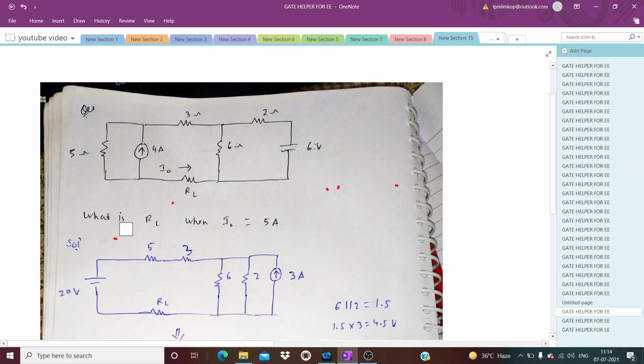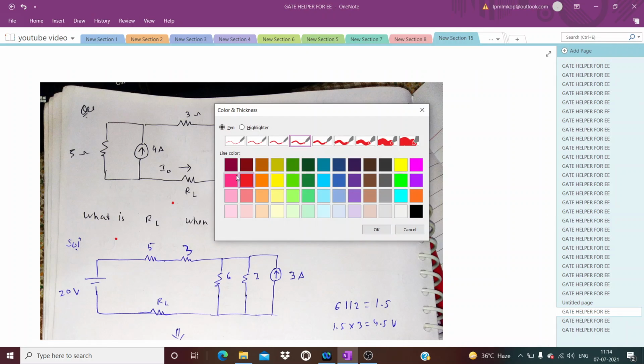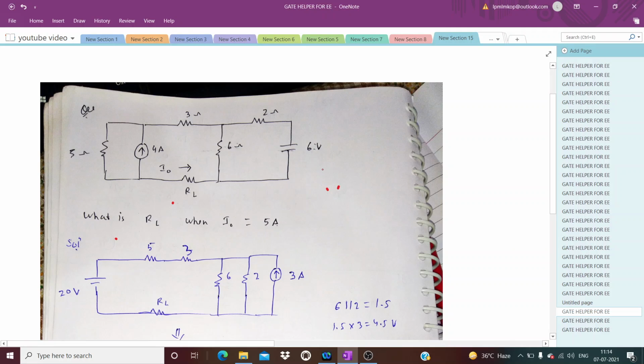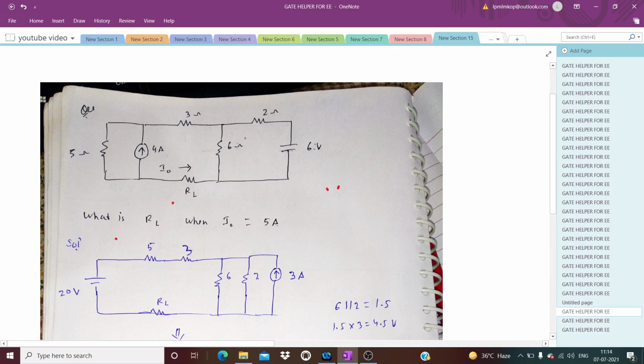Now I will explain the right part. This is a voltage source in series with a resistance. I just told that if we have a voltage source and a resistance in series, then that can be converted into a current source with a parallel resistance. This is 2 ohm and this is 6 volt.